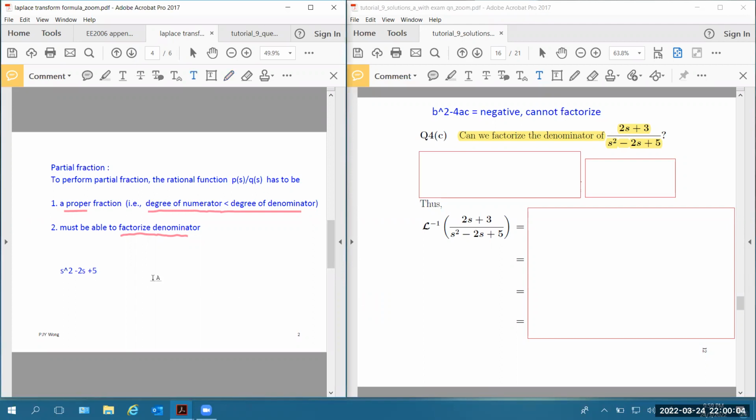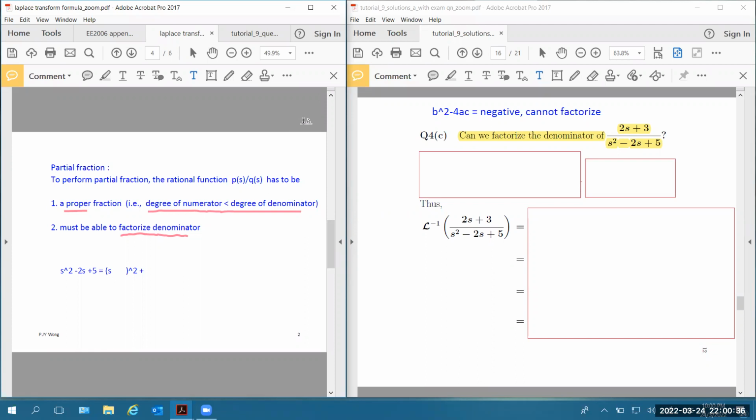Okay, so I want to complete the square. Completing the square means I want to get s plus some constant, squared, and then plus another constant.